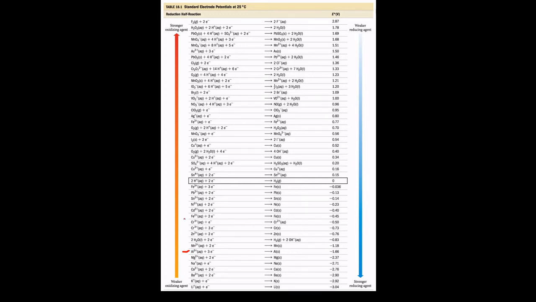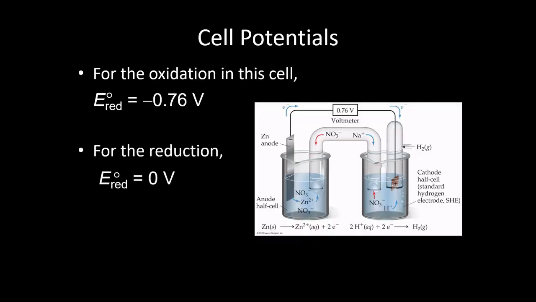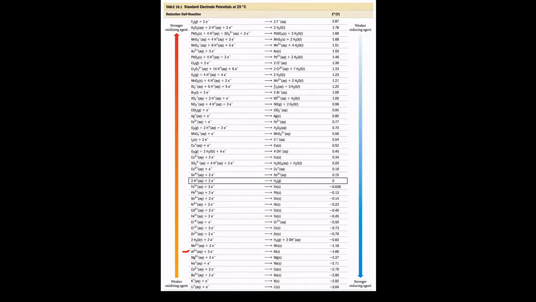Okay, so there's the aluminum. The other thing that's happening in this reaction is we have some nitrate and H+ turning into nitrogen monoxide and water. So let's go back there and see if we can find that happening somewhere. You're just going to peruse through here and look for something that looks similar.